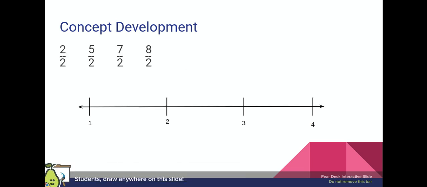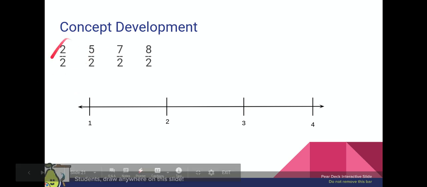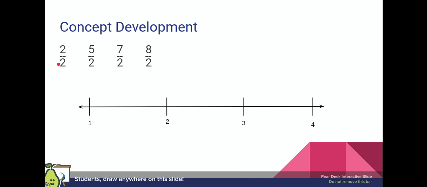All right, so here again is a slide that is marked 1 through 4. So now you're going to go ahead and find the fractions that are listed above. So you can see by looking at your denominator, how many pieces are you going to break each one into? Very good, into halves.